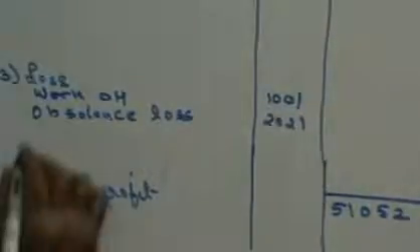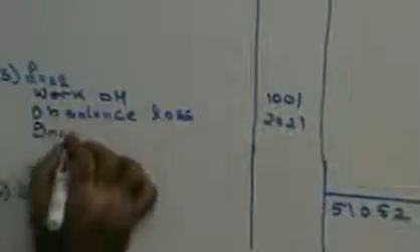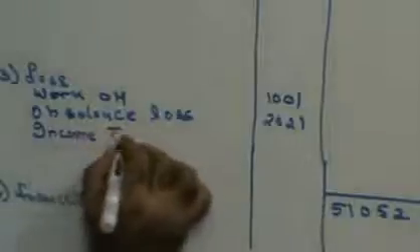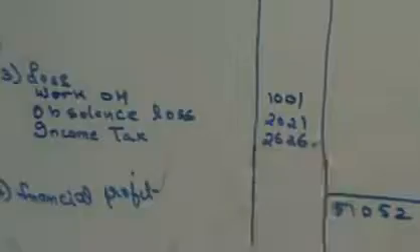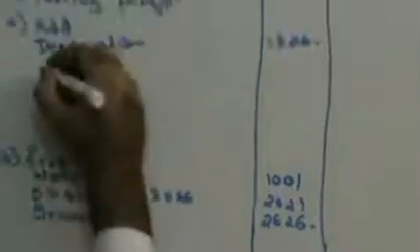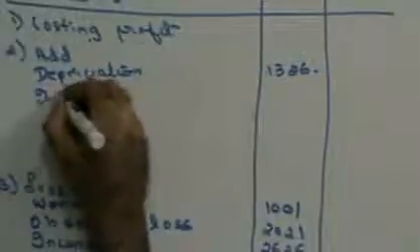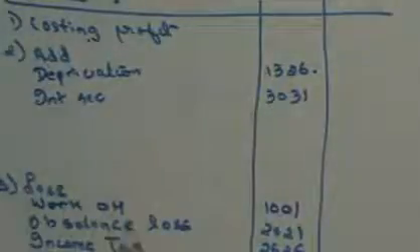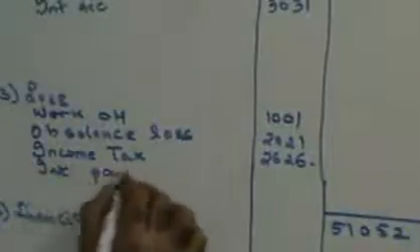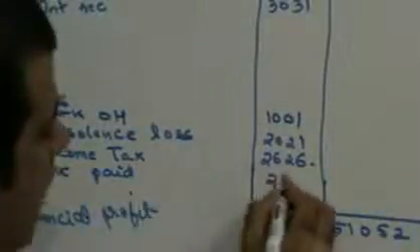Income tax is less in cost sheet, so it will come in less column. 2,626. Interest received is less in cost sheet, but it's a credit side entry, therefore it will be more. Interest received 3,031. Next, interest paid is less in cost sheet. Interest paid 292.